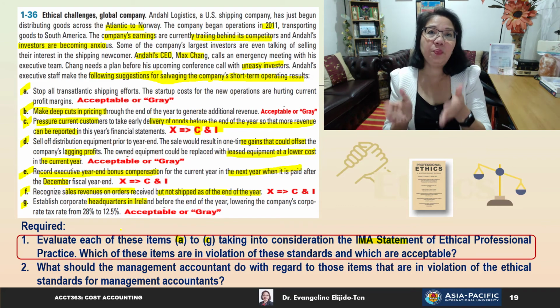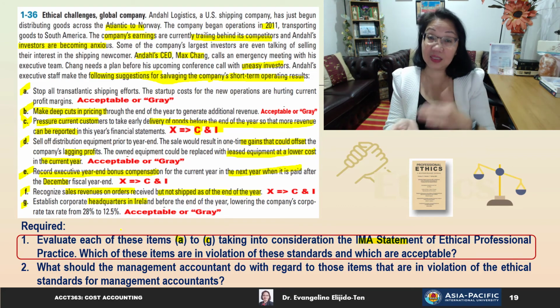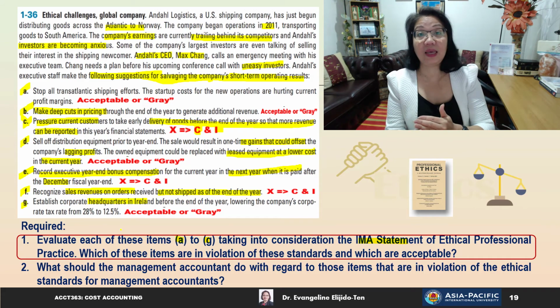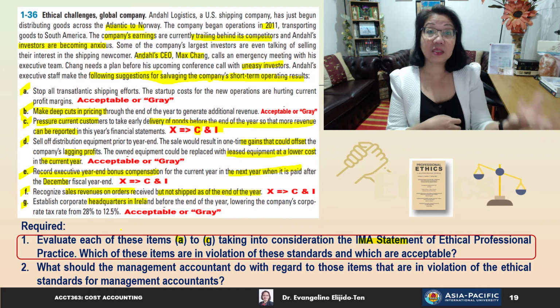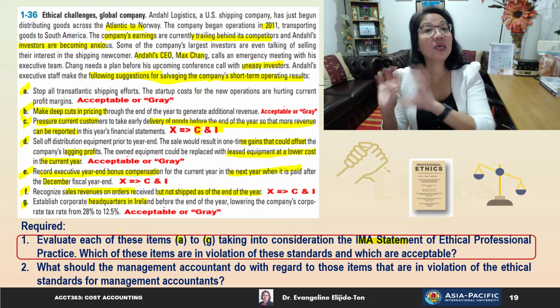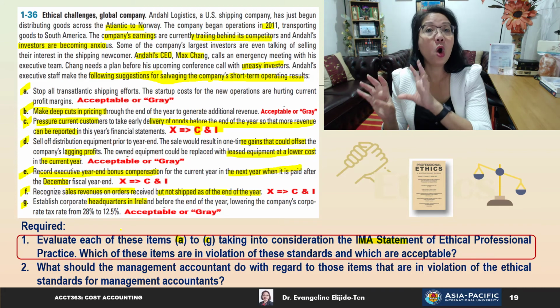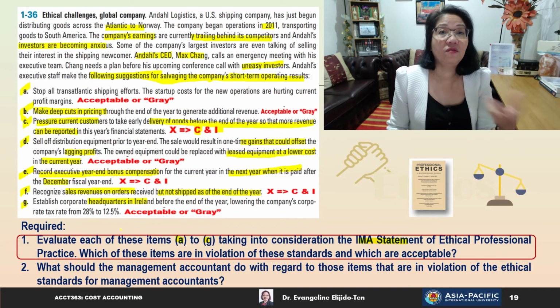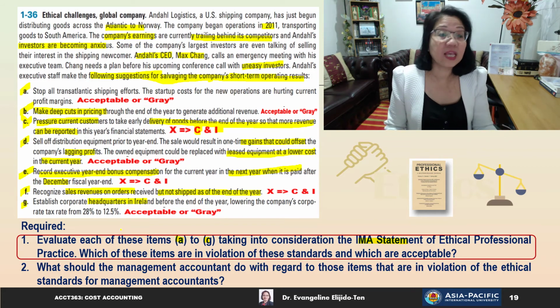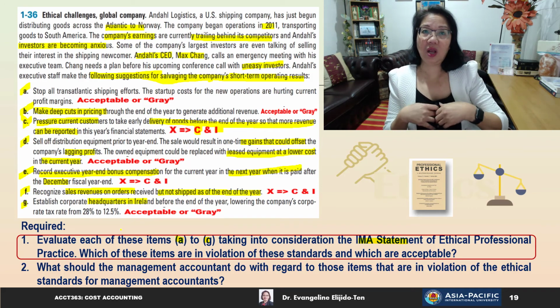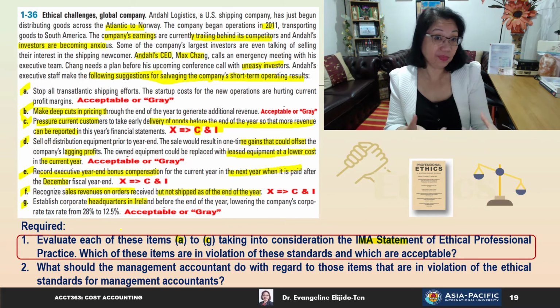If the purpose of moving is to evade tax, it's not legal. Avoidance of tax is legal, but evading tax is illegal. So there's a difference between tax avoidance, which is the legal way of reducing your tax, and tax evasion, which is the illegal way of reducing your tax. So if Chang seeks advice from skilled consultants in the area of international tax before making such a move, and he is able to show that the primary reason was not to evade tax but for other strategic reasons, then it is acceptable.